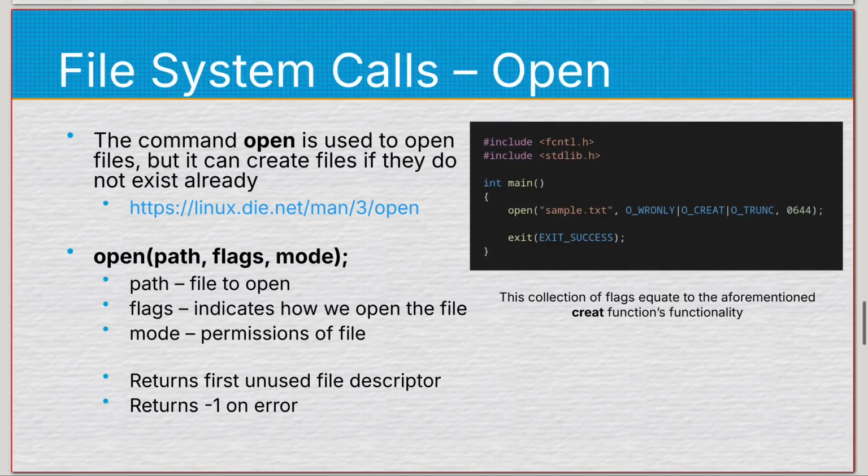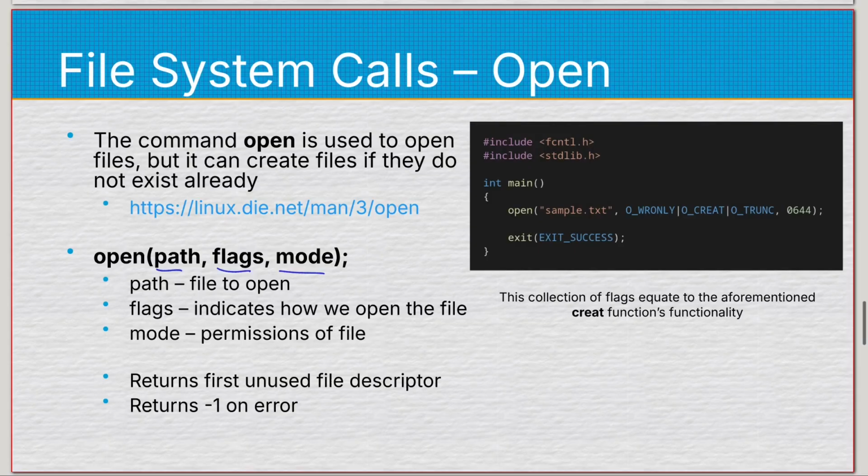Now, open is used to open files, but it can also create them if they do not exist already. It has 3 parameters: the path, that's the file to open. Flags indicate how we open that file, more on this in a second. And then mode, which we had in creat, that's the permissions of the file. Again, we commonly use 0644. It returns the first unused file descriptor, just like creat, or -1 on error.